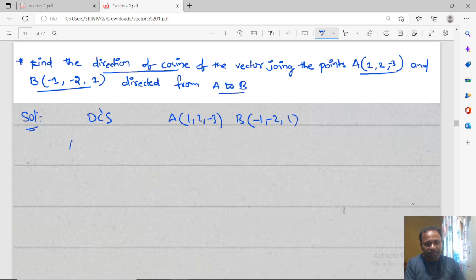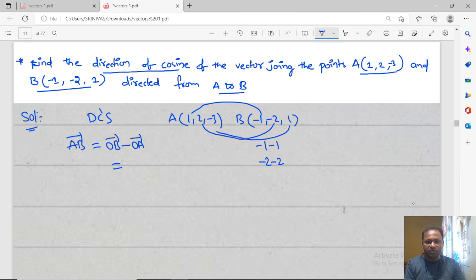From A to B means we can write it as OB bar minus OA bar. First one: -1 minus 1, -2. Second one: -2 minus 2, -4. Third one: 1 minus of minus 3, plus 4.